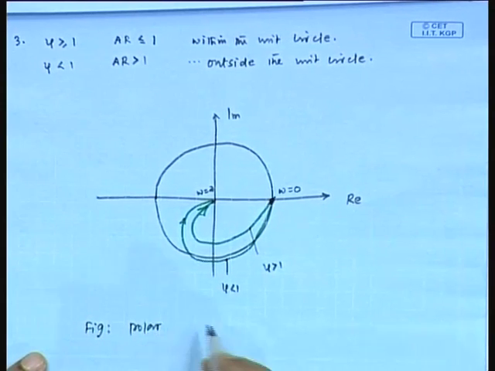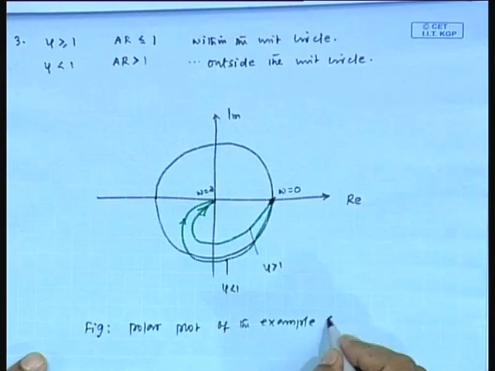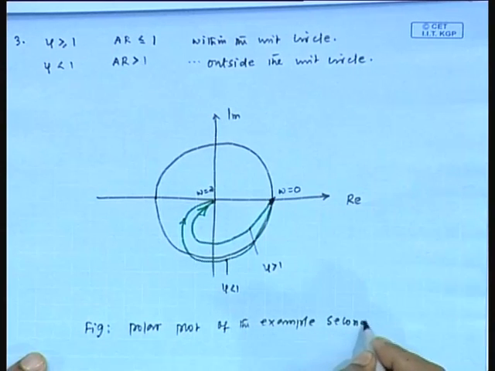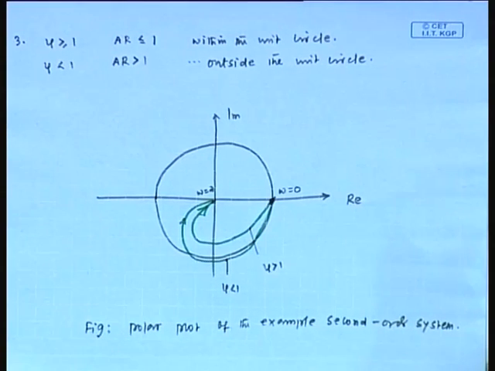This is the polar plot of the example second order system. Fine.